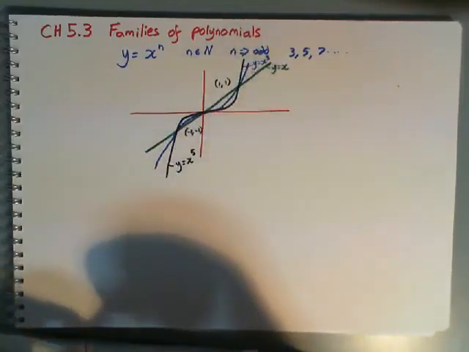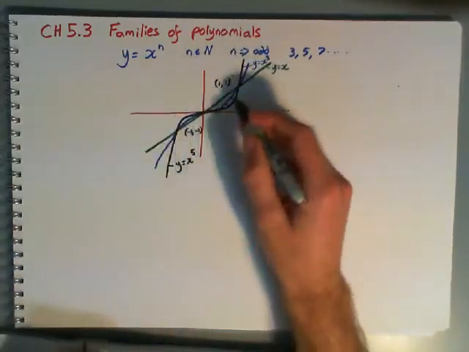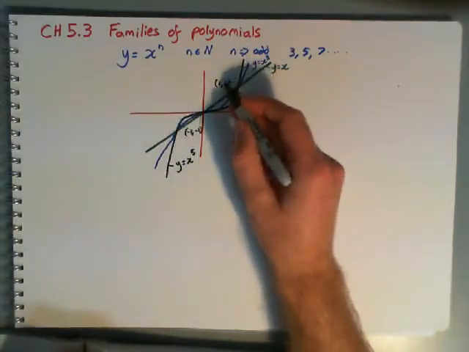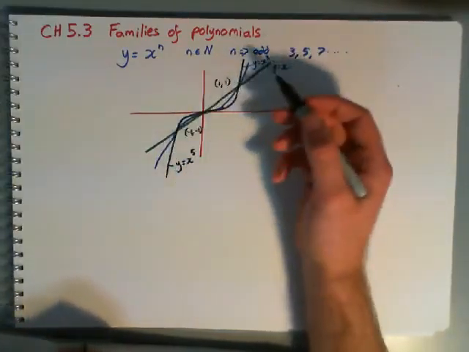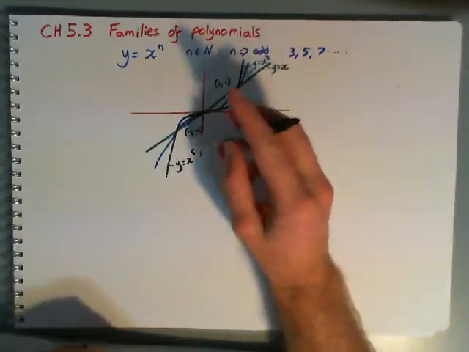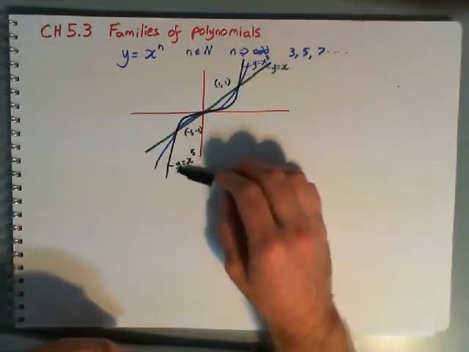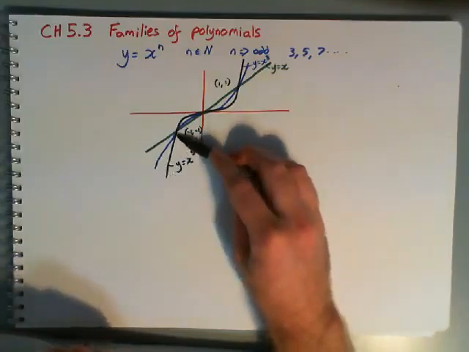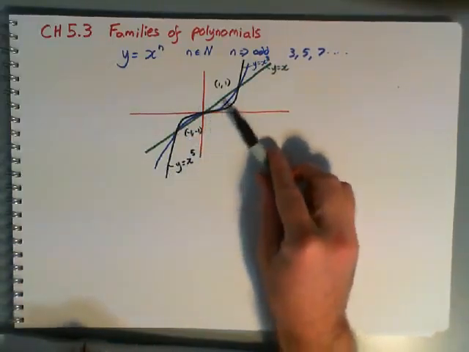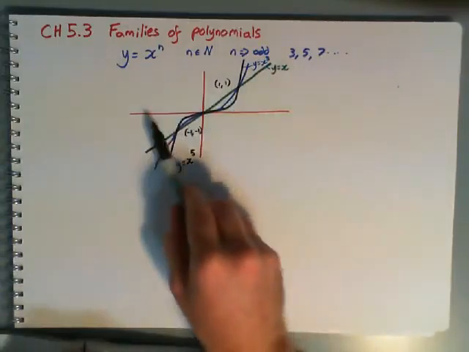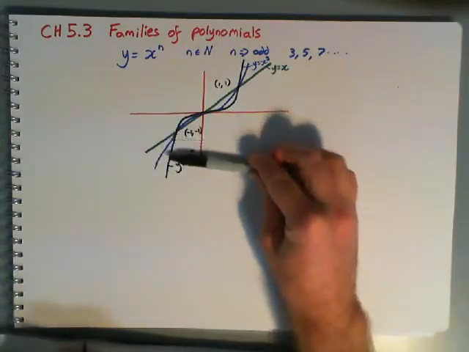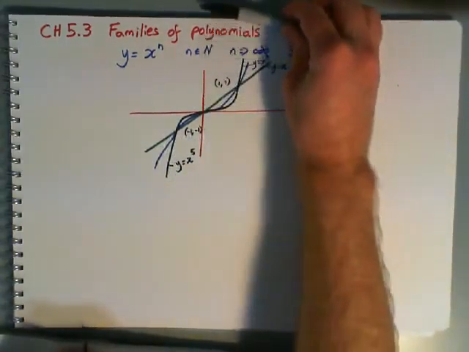All three graphs go through (1, 1) and (-1, -1). The only difference is that for x to the power of 5, as we go to larger numbers to the right or the left, we get steeper values either up or down.